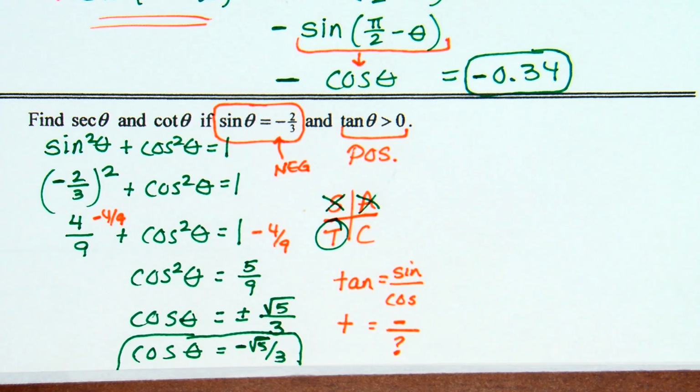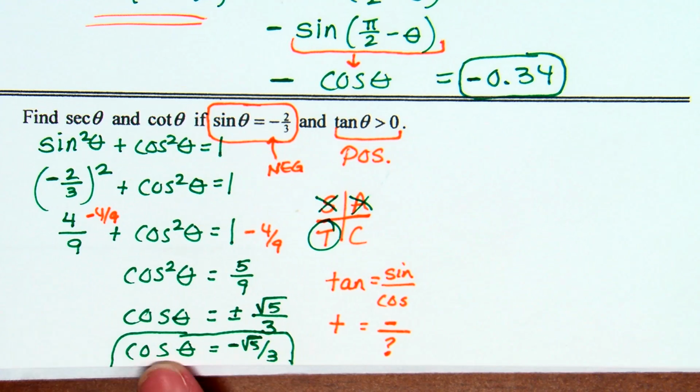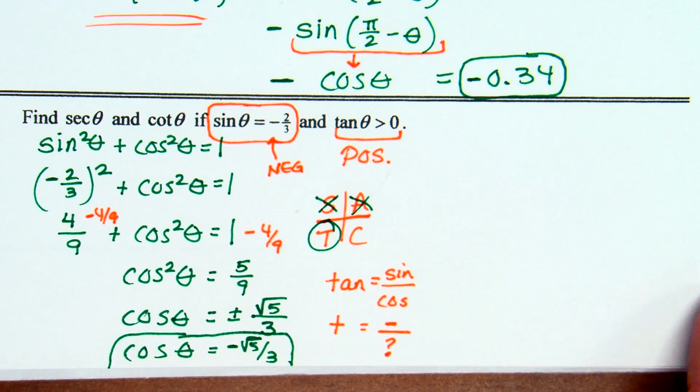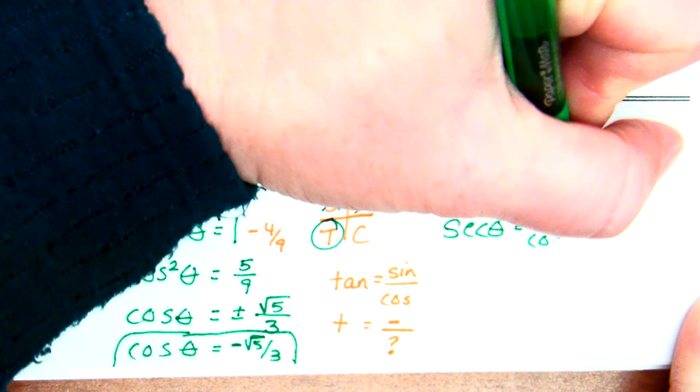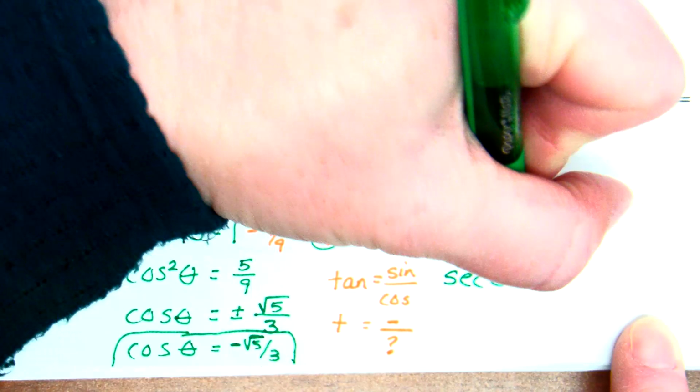Now, all of that work, and we technically have not found an answer yet. If we know cosine, we know secant. The reciprocal of cosine is secant. So secant theta is 1 over cosine theta, if you officially write it out, so secant theta is 1 over negative square root of 5 over 3.